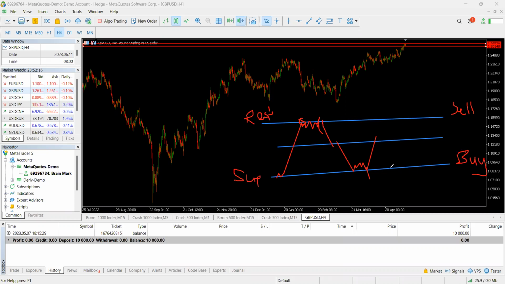There are instances the support will be there, you will buy and the market will sell and turn that support into a resistance. So support can become a resistance and a resistance can become support, and vice versa. Now, when a resistance becomes a support, it means that price broke that resistance and then came back to touch that area or that price, either multiple times or once.